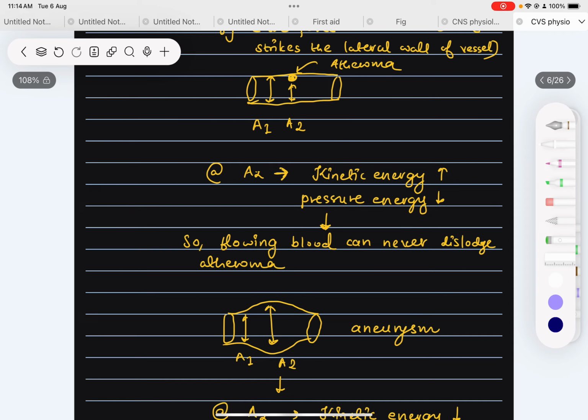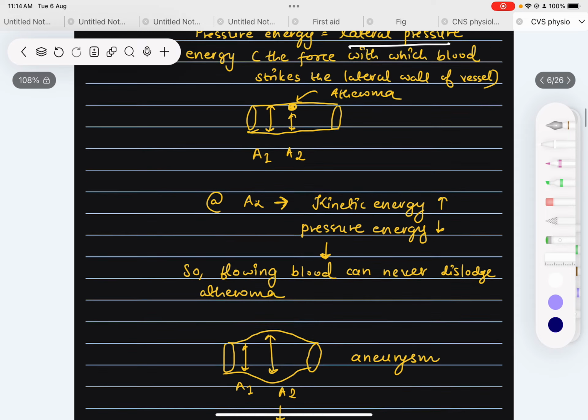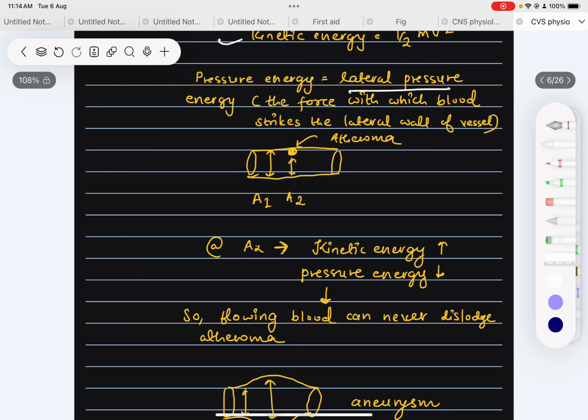Now what will happen: suppose here is an atheroma, okay, and A1 is the total area and A2 is the area after the atheroma has reduced the space.